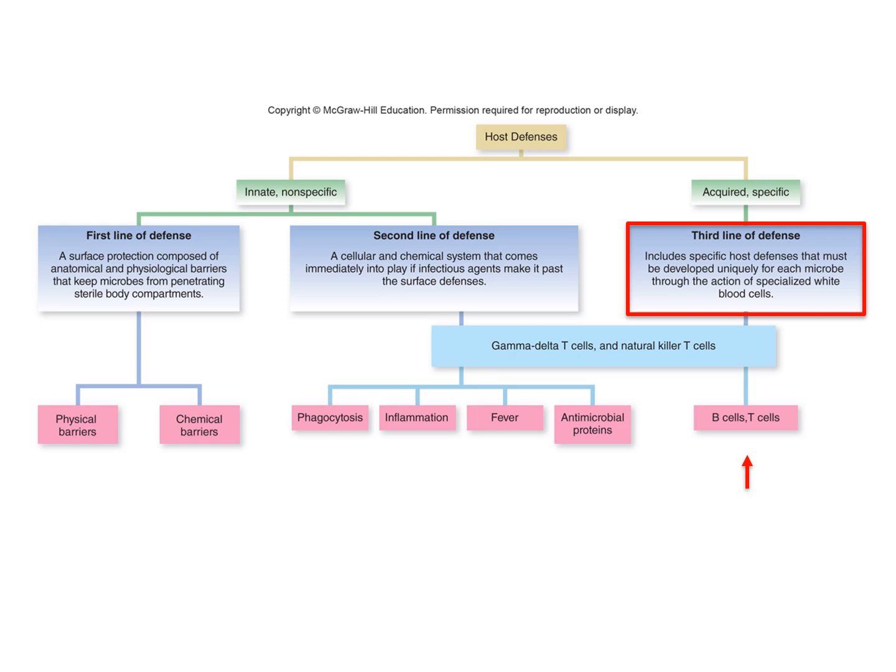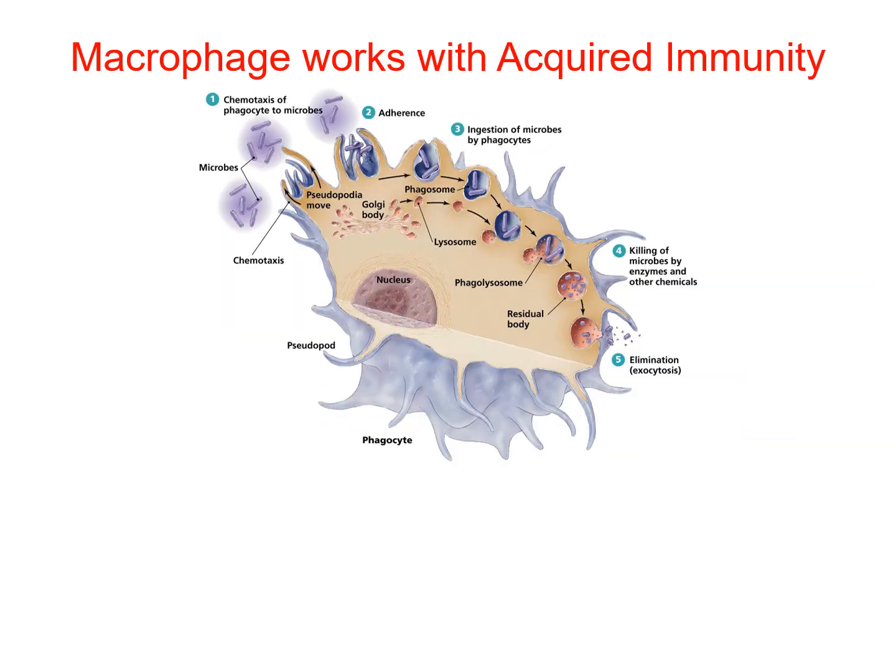So we're still on the third line of defense. A macrophage works with the acquired immunity. In the picture, I'm showing you a macrophage, and this macrophage is going to devour one of those exogenous or endogenous antigens.